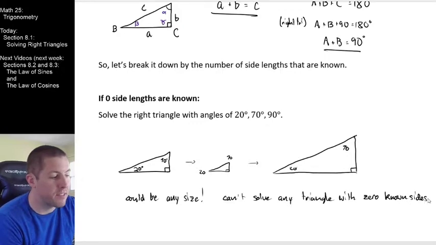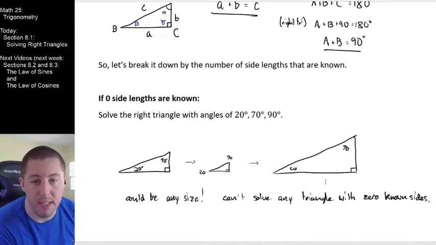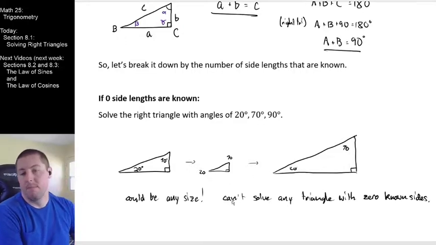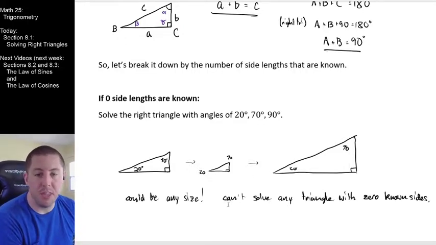So this is basically our way of saying, never mind, you can't do it. So our first example of the day is an example to say, if we don't know at least one side length, you straight up can't do it.